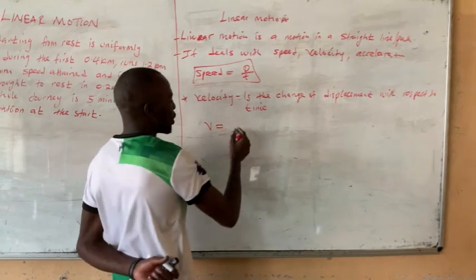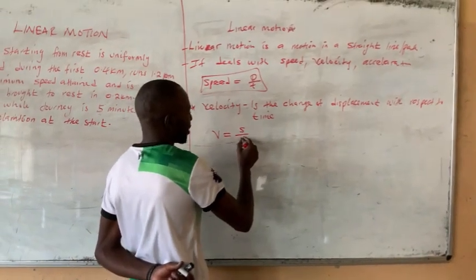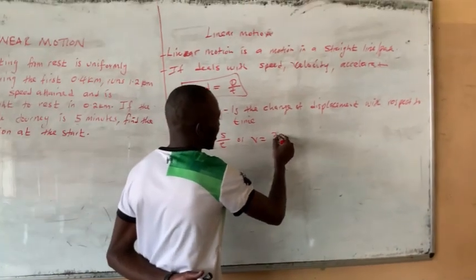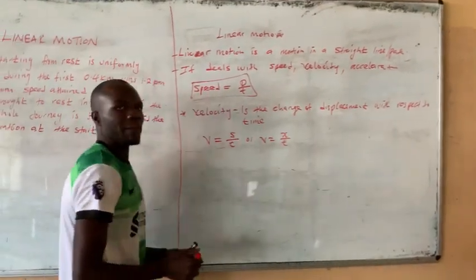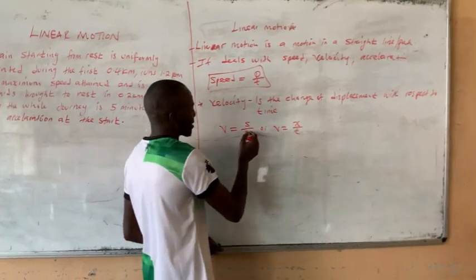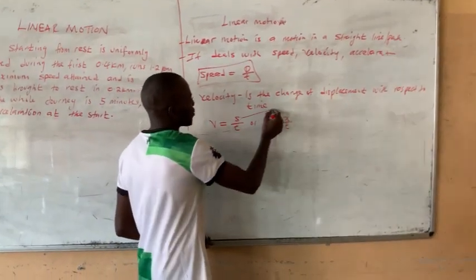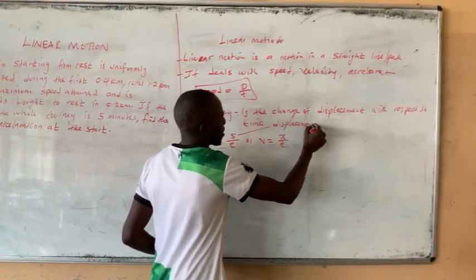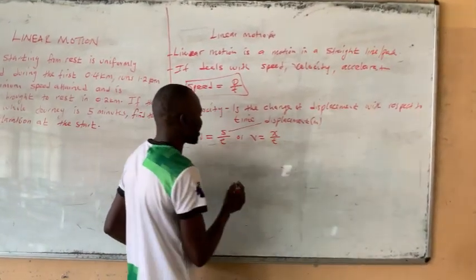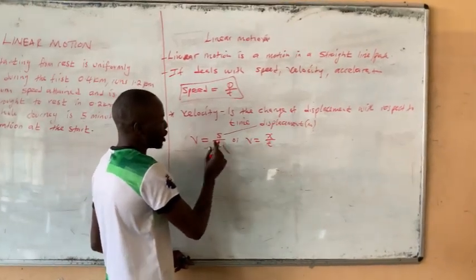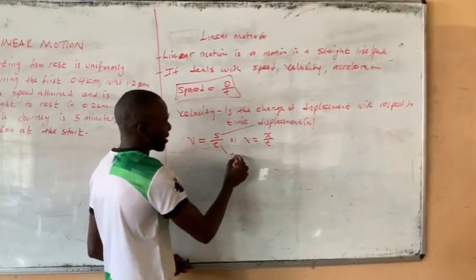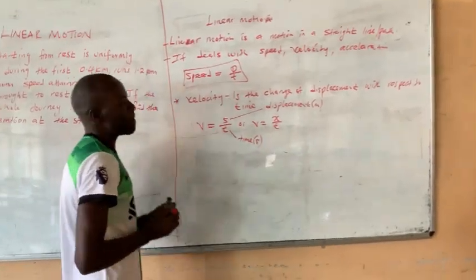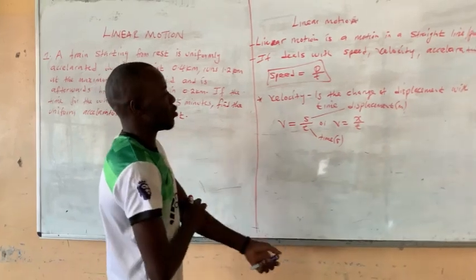For displacement, we can use S, so velocity can also be given by S over t, where S is what we call displacement, measured in meters, and t is time, taken in seconds, a fundamental unit.